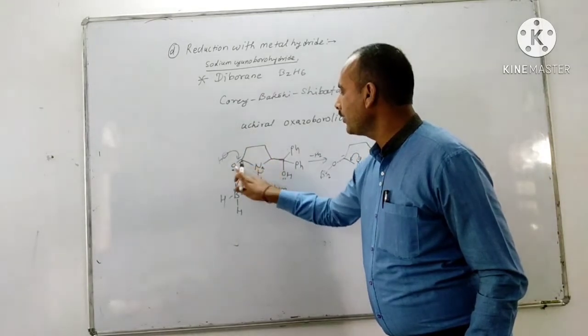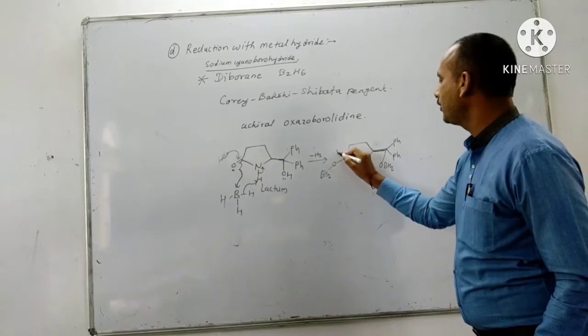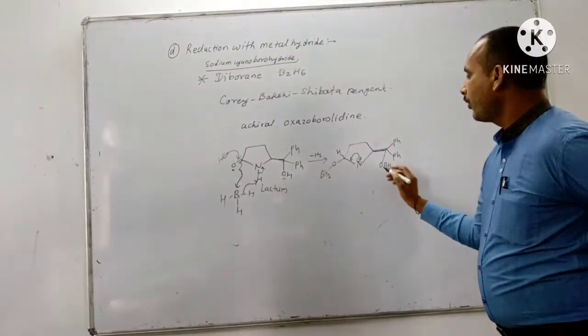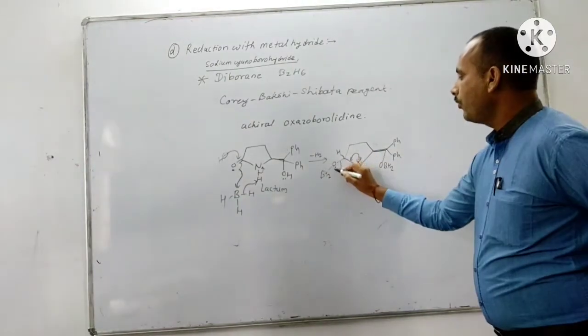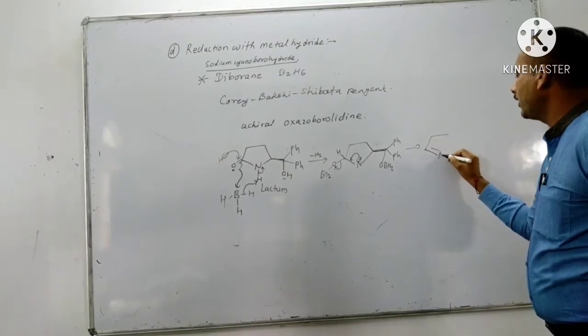Then this attacks on boron. So there is OBH2, there is H. There is also OBH2, this attacks on another borane. Then there is O minus. So formation of cyclic imine.